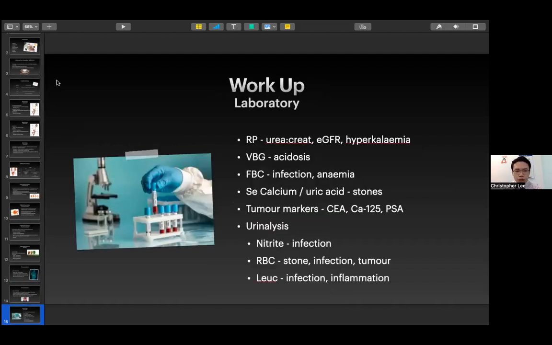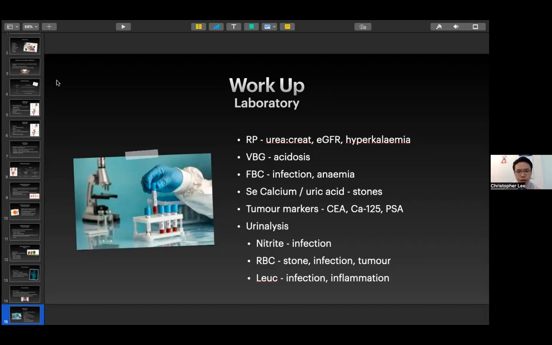Okay, so what do you need to do if you have a patient you suspect has obstructive uropathy based on the symptoms and signs? A few basic tests are available almost everywhere in every emergency department. Of course, you need to start off with a renal profile to confirm your suspicions.